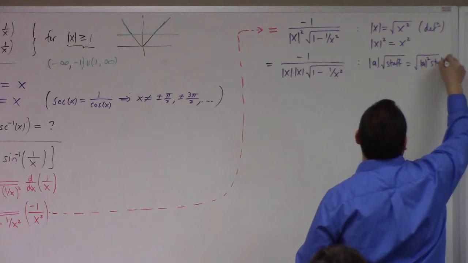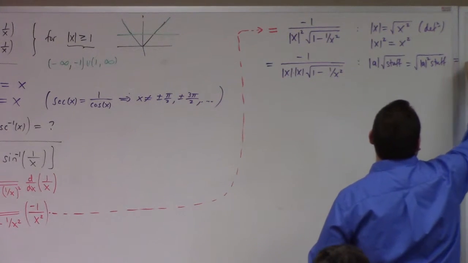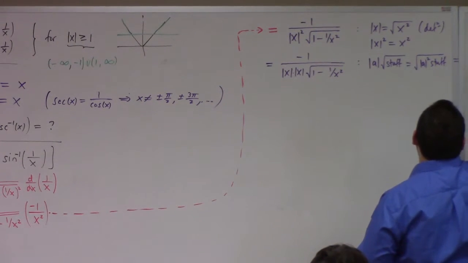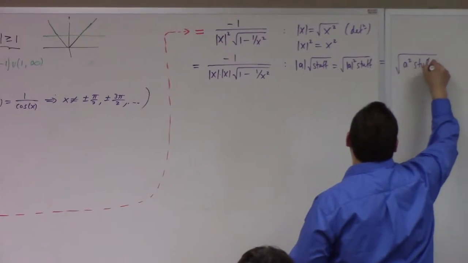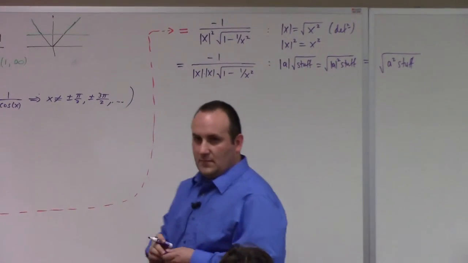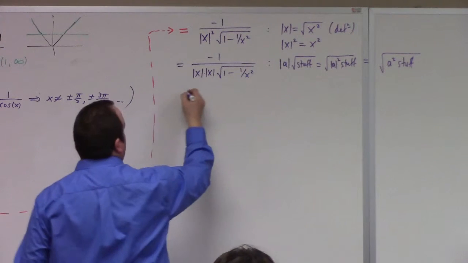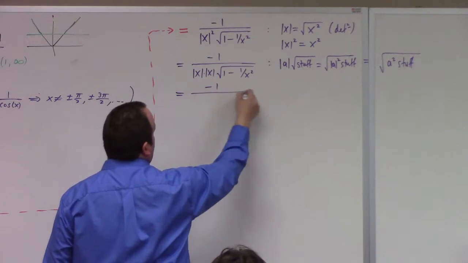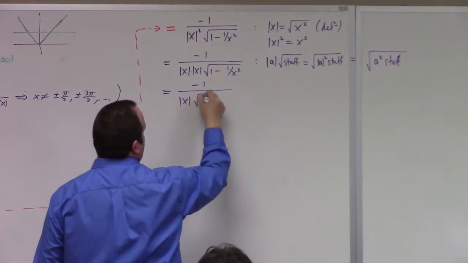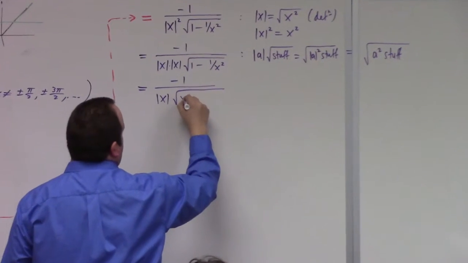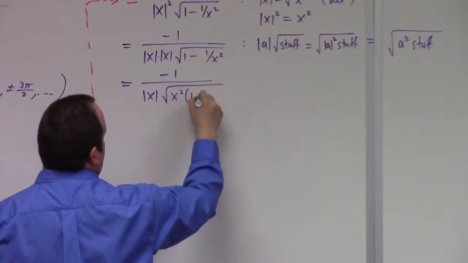You might say, well, by what you just said, that's just a squared times stuff, and that's true. So applying that right here, we have the absolute value of x times the square root of x squared times 1 minus 1 over x squared.